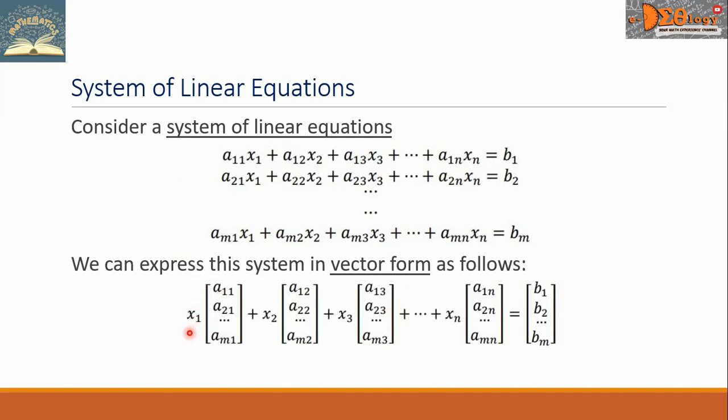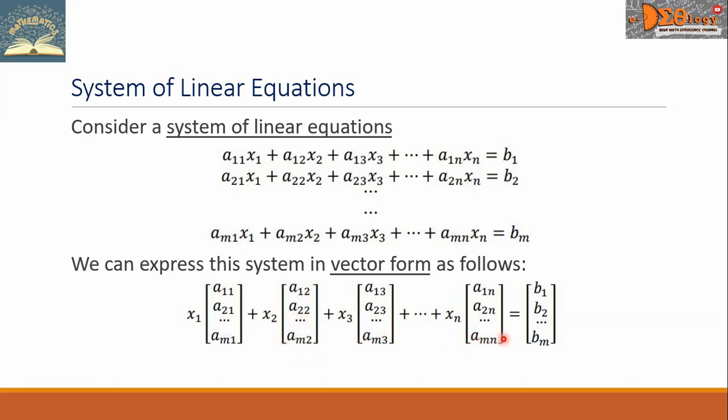So we have x sub 1 multiplied by this column matrix. First element a sub 1 1, a sub 2 1, up to a sub m1, plus x sub 2 multiplied by this column matrix. And this is a sub 1 2, a sub 2 2, up to a sub m2.